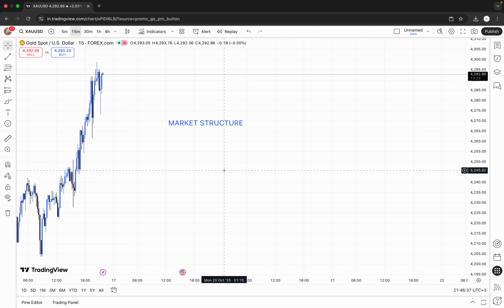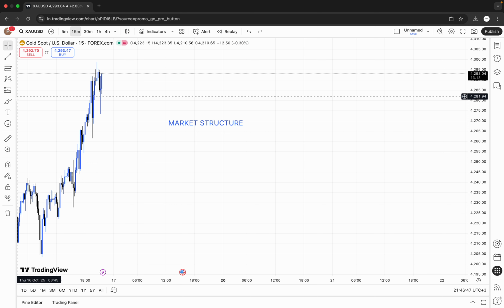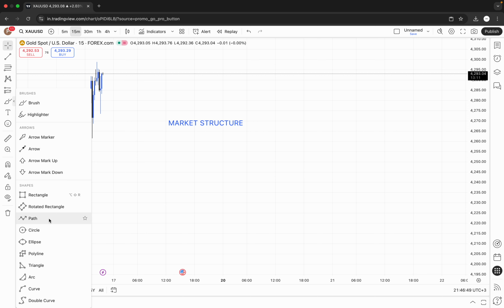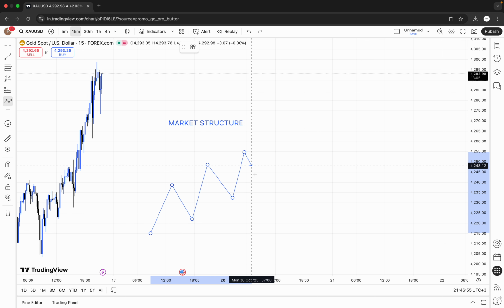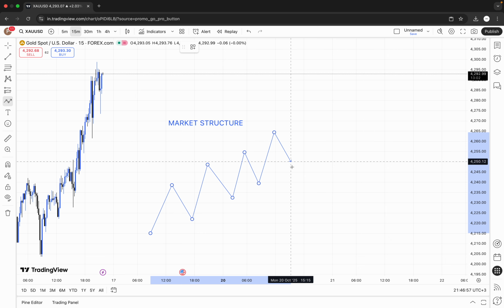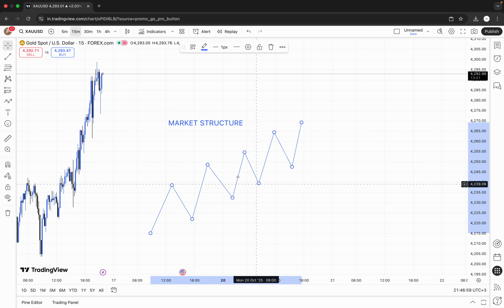Now, the first thing in market structure is to identify trends: uptrends, downtrends, and reversals. So this is the bullish scenario: higher high, higher low, higher high, higher low, higher high.